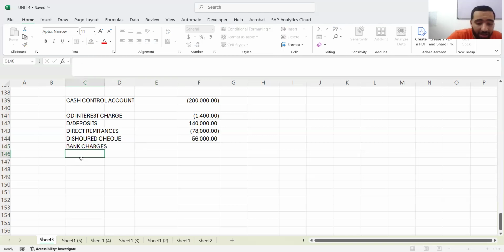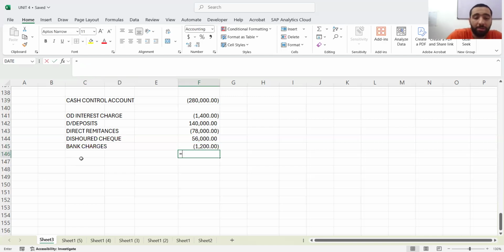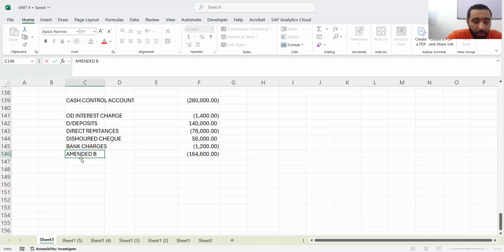The bank charges of how much? 1,200. This is always minus. Right? Very simple, straightforward one. Right? 164,600. 164,600 is the amended cash control account balance. Is this okay? Is there any doubt?